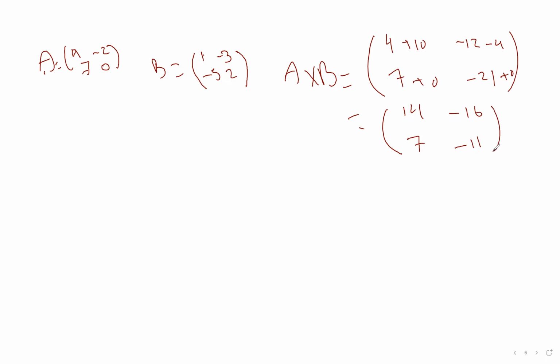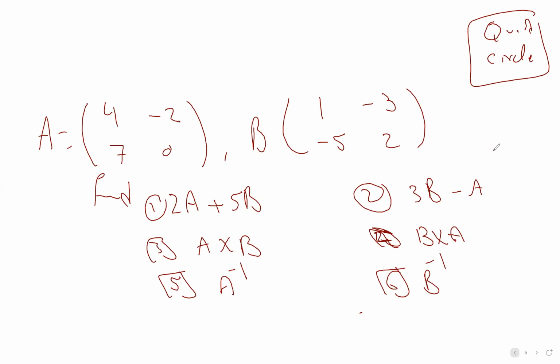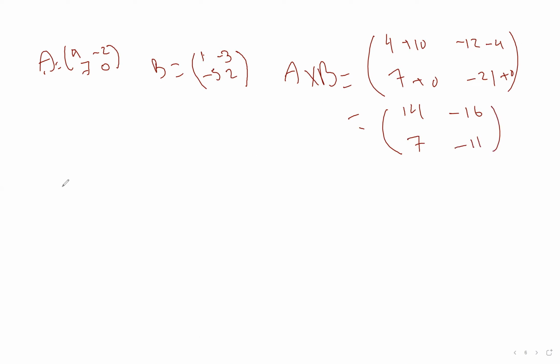It's number 2. Number 3, A power of negative 1. To get A power of negative 1, you need to divide by the determinant of A first. 4 times 0 minus, so it's positive 14. And you need to swap this diagonal and change the signs of the other diagonal.